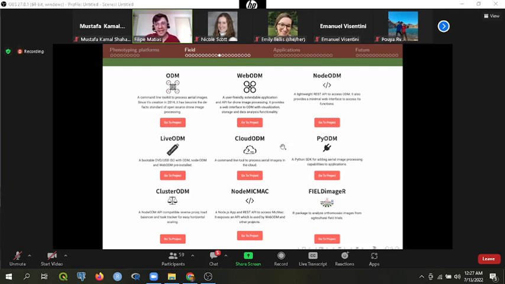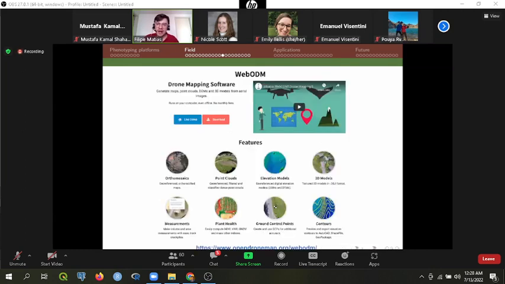It's very cool. And also FieldImageR, which is the R package that I worked on before, is part of this community as a suggestion for how to extract information in agriculture, or from orthomosaics actually. Here are just some outputs from WebODM.